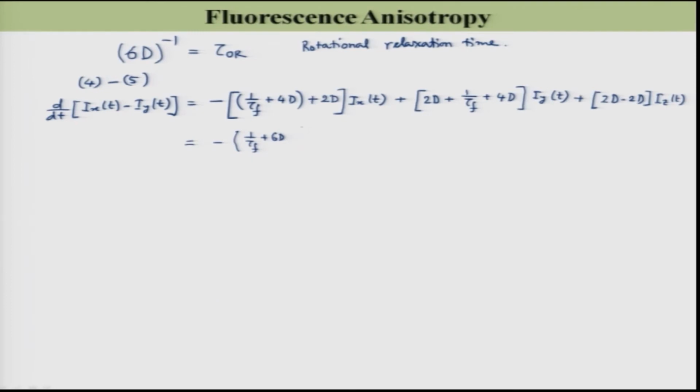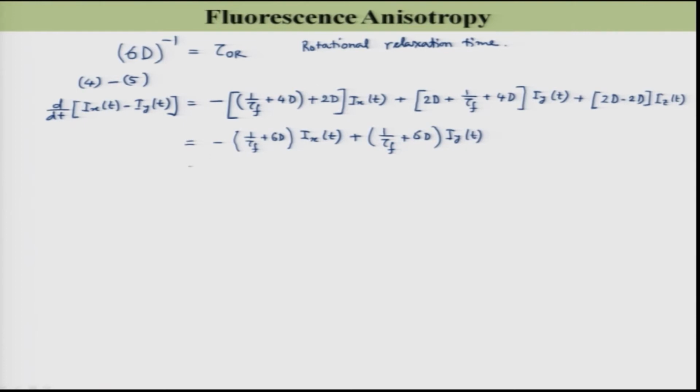So, then 6D times I_x(t) plus (1/τ_f + 6D) I_y(t), and here this is nothing, right.